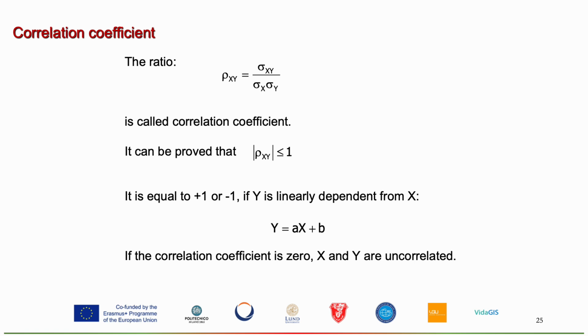This ratio is called correlation coefficient, and it can be quite easily proved that the correlation coefficient is always comprised between -1 and 1.